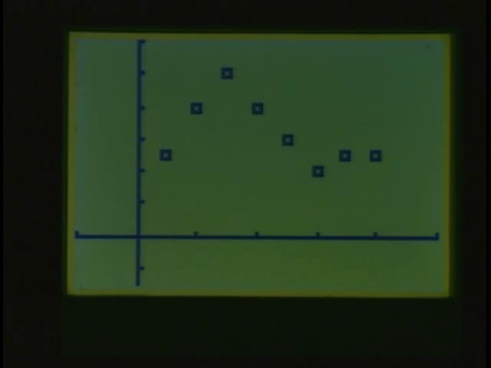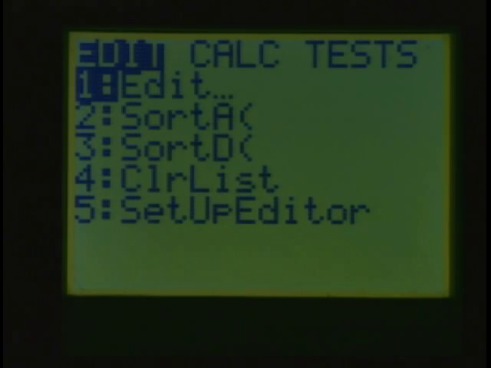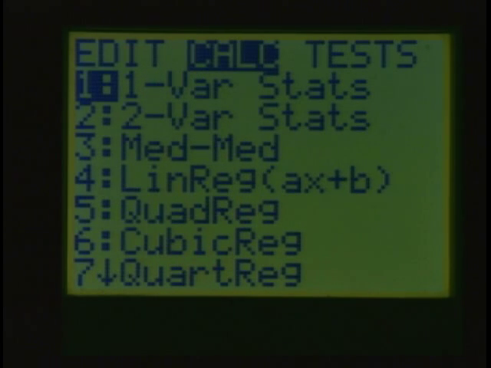Now you look at this data, and it does not look linear. It does not look like a parabola. It doesn't look quadratic. So what we want to do is try modeling it with a higher order polynomial. So what we're now going to do is go to stat and go over to calculate, and then we look down the statistics calculation opportunities, and you'll see here's a linear regression.